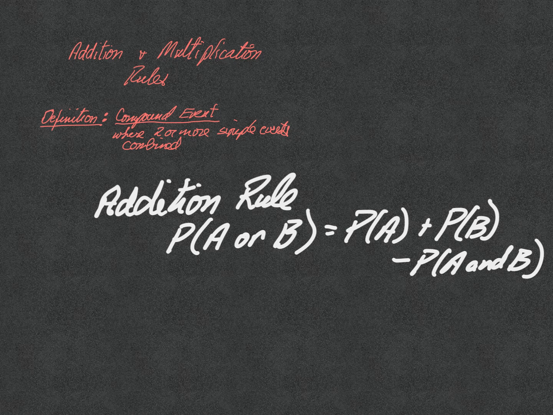And so we're going to do some problems and talk about all of these at once and give you some idea of how to do them. But this is the formal addition rule.